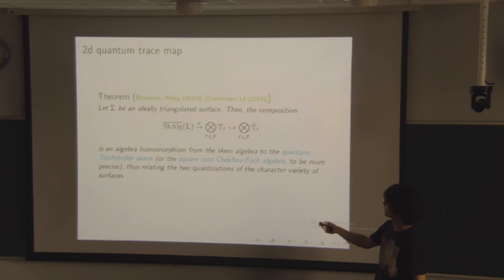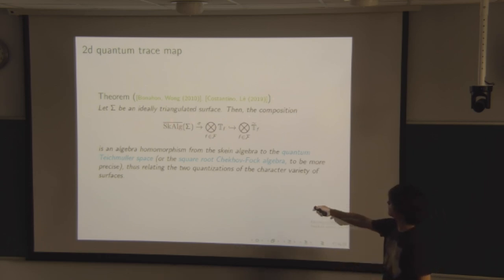And now I can tell you what the two-dimensional quantum trace map is, which was originally constructed by Bonahon and Wong, and reinterpreted in terms of the stated skein algebras by Costantino and Lê. So let sigma be an ideally triangulated surface.